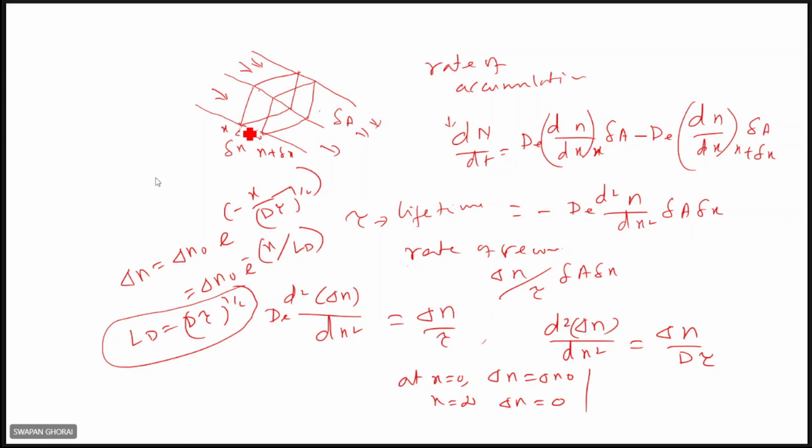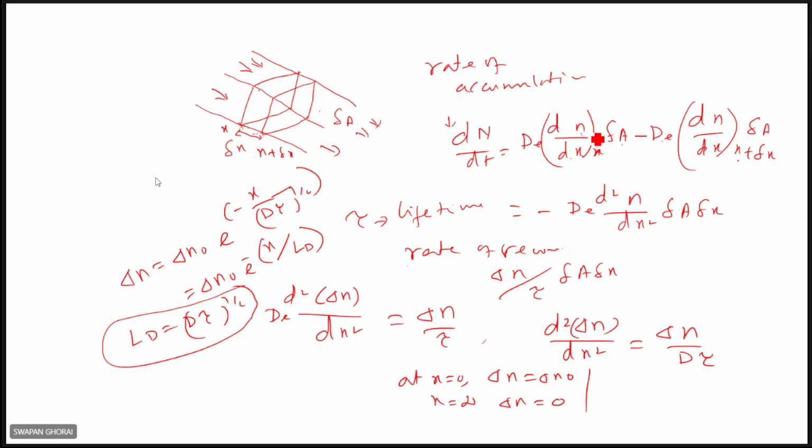At this point you have to consider the rate, and at that point too, so the difference of these two will be there. At x it is D_n dn upon dx into delta A at x, minus D_n dn upon dx into delta A at x plus delta x. The difference of these two will give you the rate of accumulation, right?